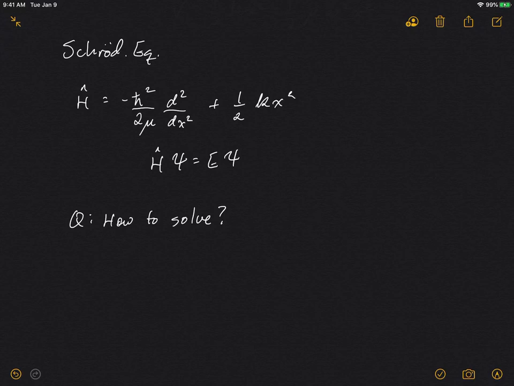solutions by making some guesses about what the nature of psi is, or try some very simple functions: try exponentials, try sines and cosines, that sort of thing.